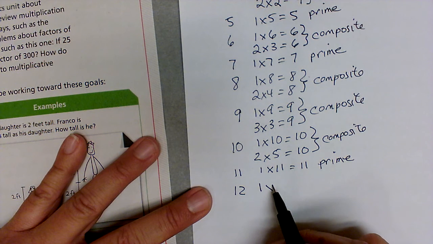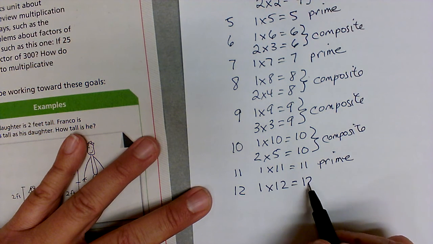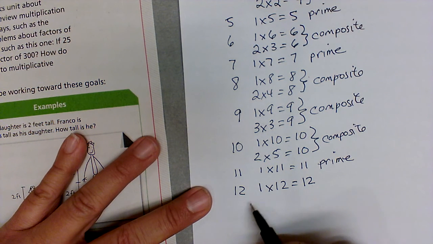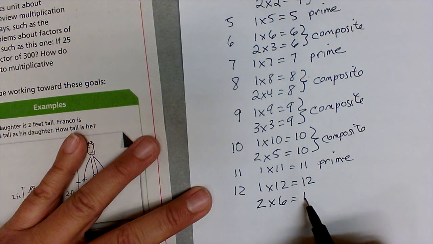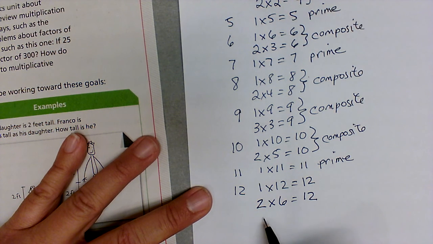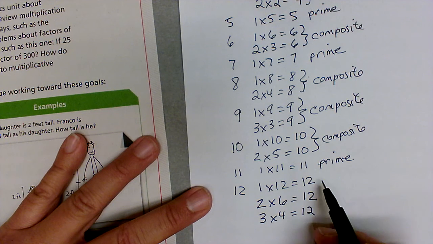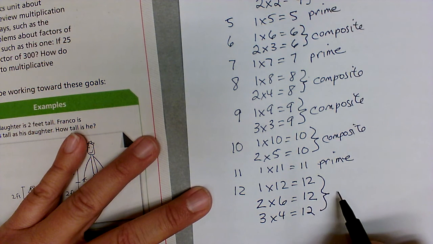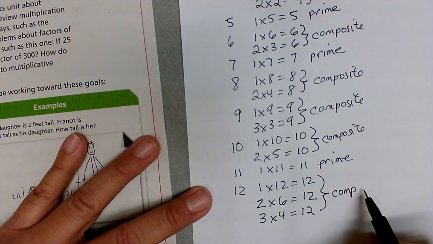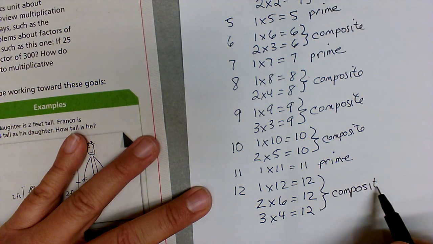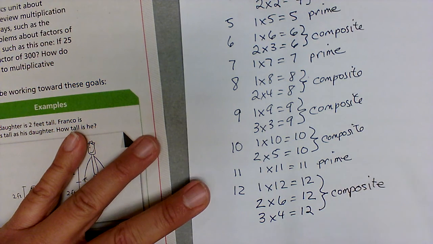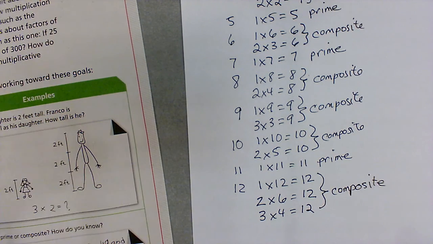So we have 1 times 12, that equals 12. And then 12 is even, so we know we could go 2 times 6, which would equal 12. And we could also go 3 times 4, which equals 12. So that makes 12 composite. It's comprised of other factors than just 1 and itself. And when it's only 1 and itself, then it's prime. Okay, so that's a brief introduction to prime numbers and composite numbers, and I hope that helps.